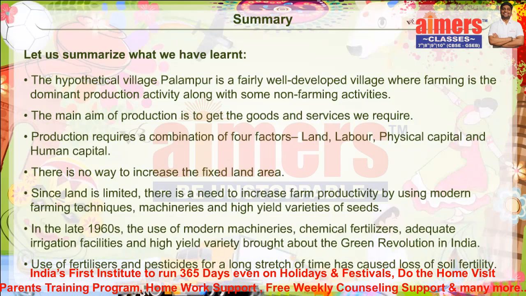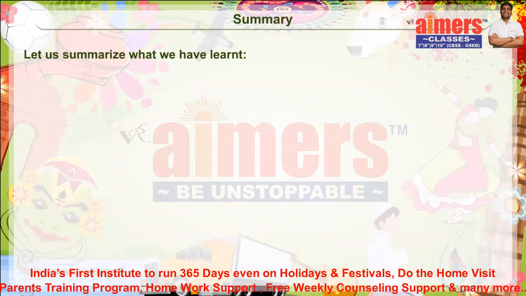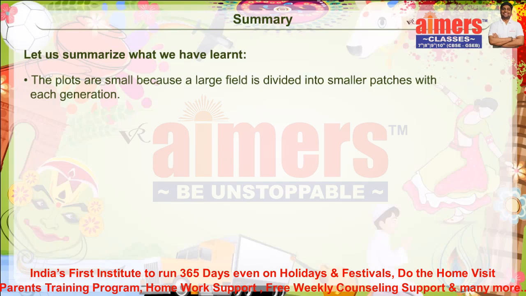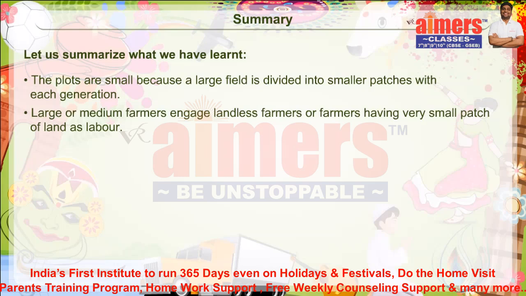Use of fertilizers and pesticides for a long stretch of time has caused loss of soil fertility. The plots are small because a large field is divided into smaller patches with each generation. Large or medium farmers engage landless farmers or farmers having a very small patch of land as labor.